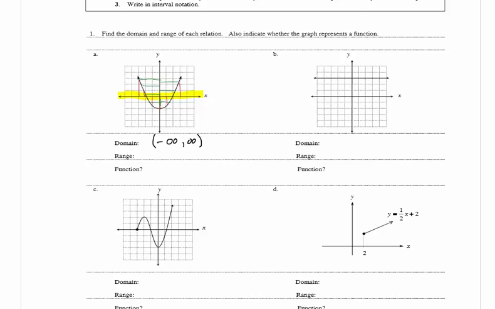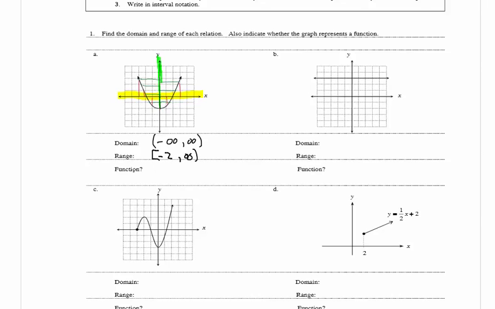So when we darken our y-axis, we're going to start at -2, which is the smallest y value, and we're going to darken all the way up the arrow. So when we write this in interval notation, we're going to say that -2, and we're going to bracket it because we're including -2, all the way to infinity.